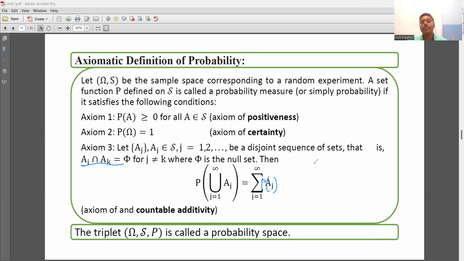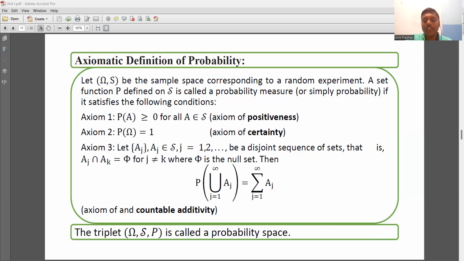If a function satisfies these three axioms, then it will be a probability measure for that random experiment. And these three things together, the triplet omega, script S and the probability measure P, is called the probability space.